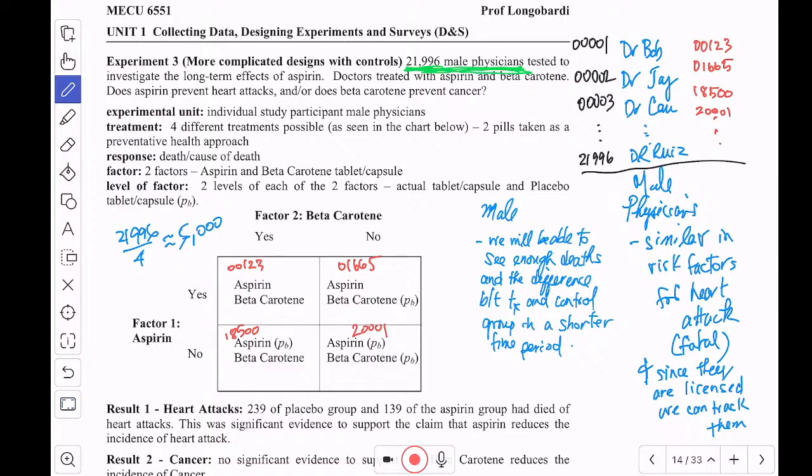Or 5,500, okay, I can use that number. Okay, so 5,500 each in each group.